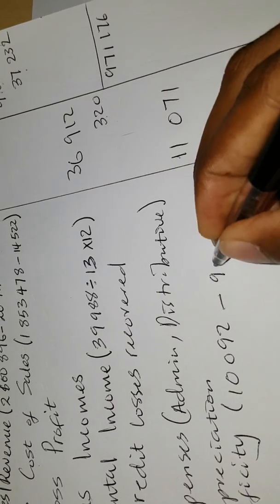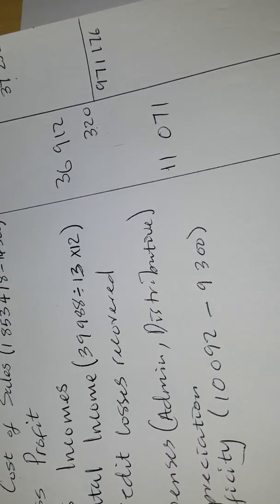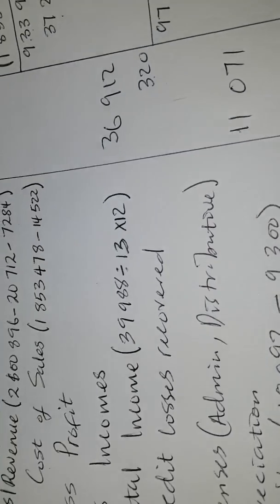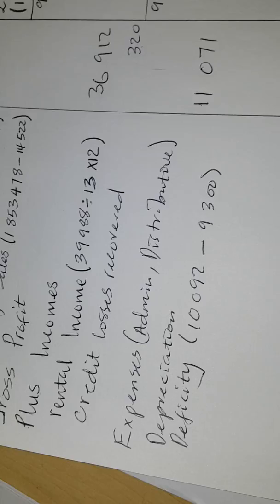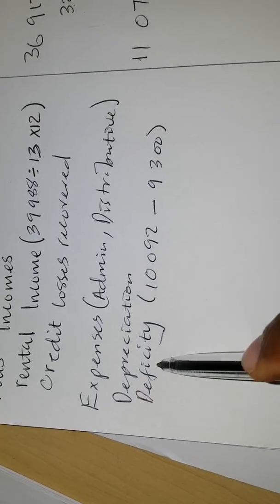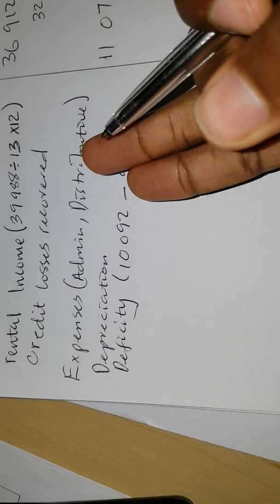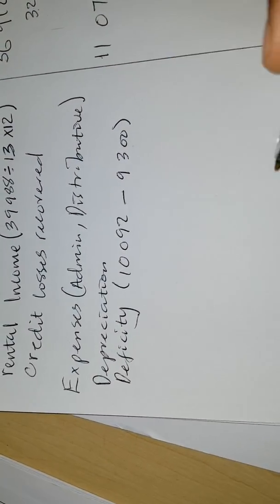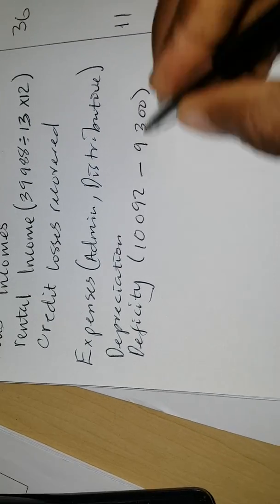Remember, the consumables are actually expenses. If you go to the expenses on page 52, you will see them. Consumables, you calculate them like this. Packing material, you calculate them like this. Stationery, you do the same, depending on what you have been given. So here is for consumables.